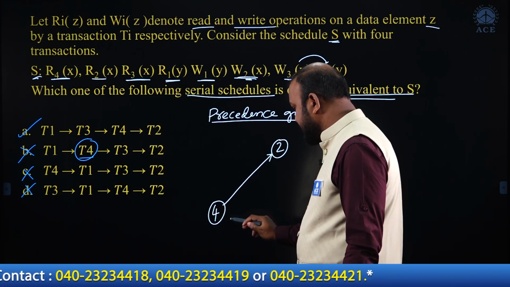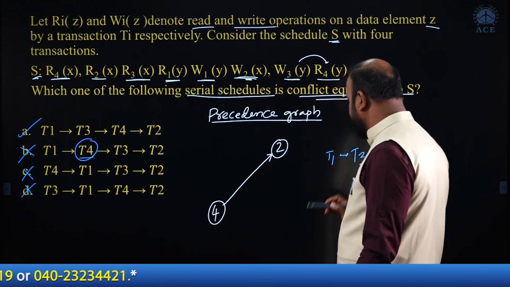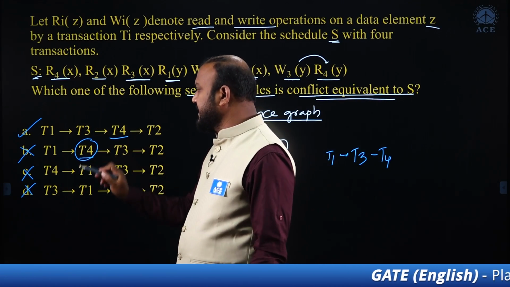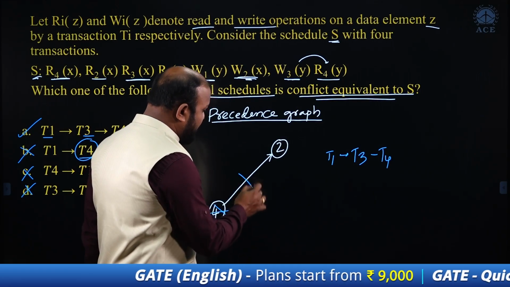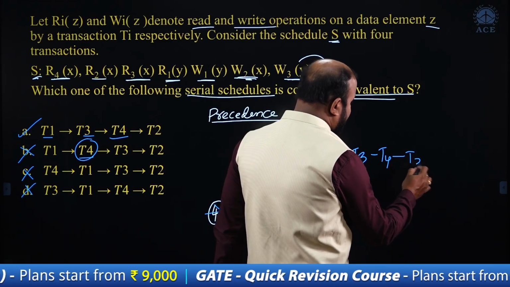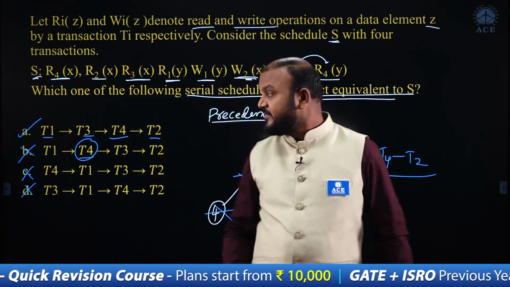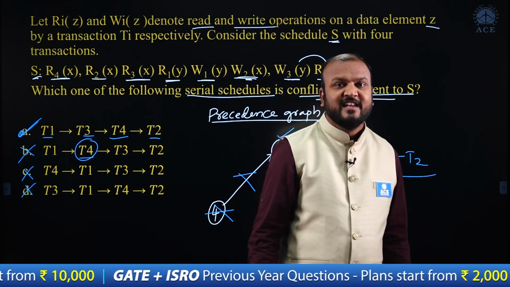Now the next vertex with in-degree 0 is transaction 4. Now remove 4 along with its outgoing edges. Only one vertex is left, that is 2. Now what is the order of serializability? 1, 3, 4, 2. That matches option A. That's why we can say A is the correct answer for the question.